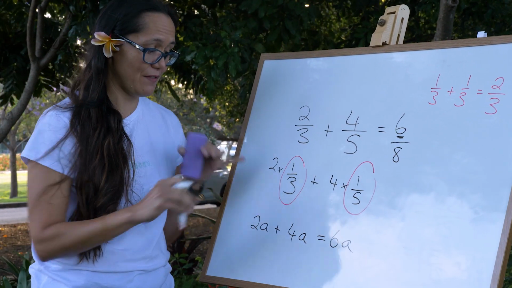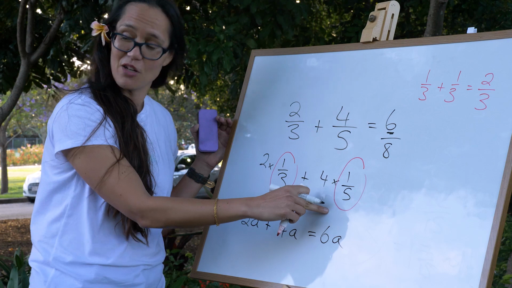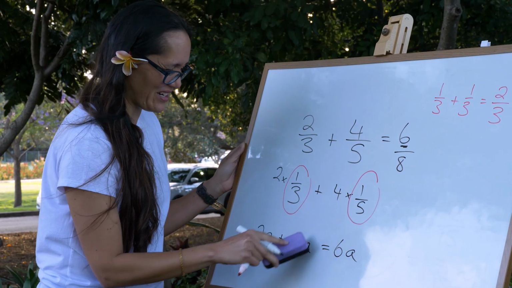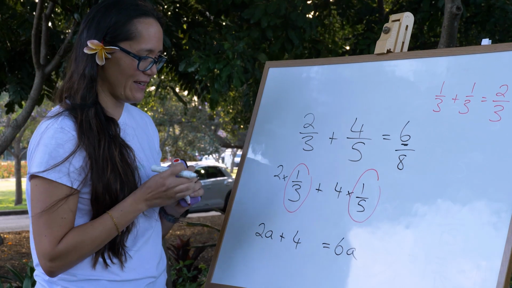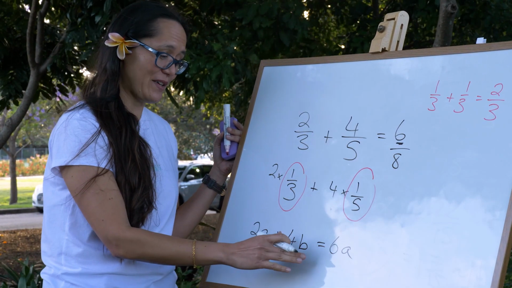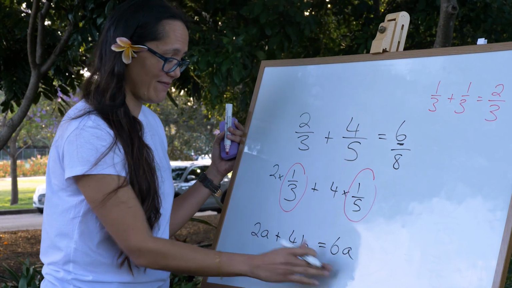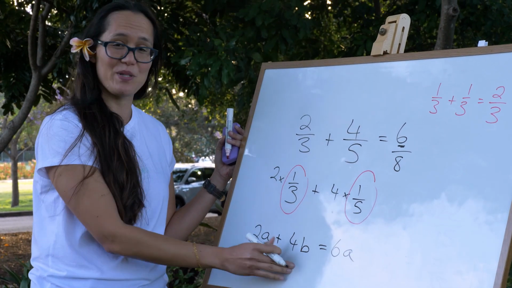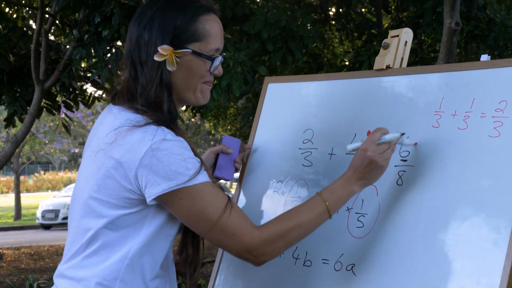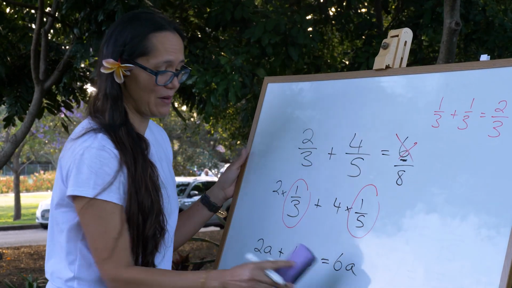If this was an A, this is not an A, this is a B. So what I've actually got is 2A plus 4B. And 2A plus 4B is not equal to 6A. I can't add them together, they're apples and bananas. So that's why we can't add the way we do there.